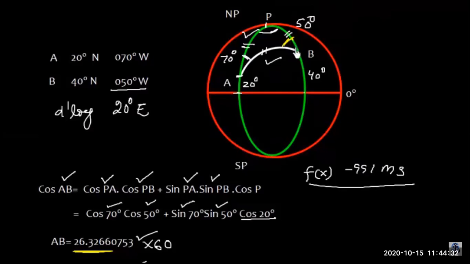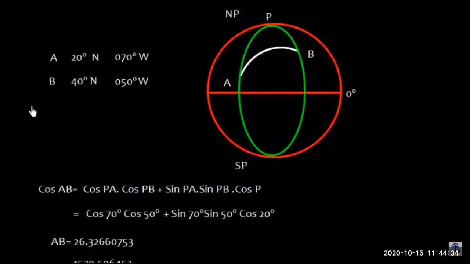Now how do we calculate angle B? Again we have a cosine formula: cosine of angle B, opposite side cos PA, and then cos of PB, upon sine of AB.